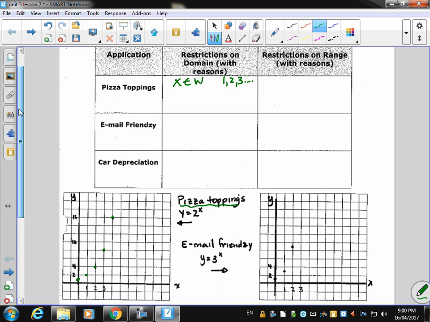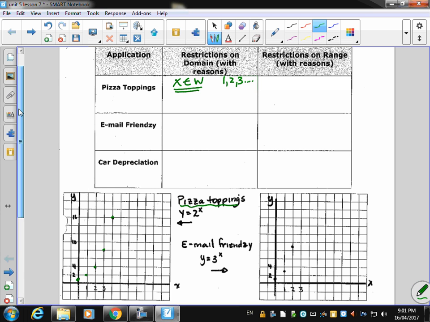It doesn't make any sense. And also you wouldn't have negative toppings. We probably have an upper limit on number of toppings, but I don't know what that is. Could you come up with 25 different toppings if I gave you enough time to think about it? I don't know. But I do know that it would not be negative, and it would not have decimals and fractions. We would have whole numbers for our domain.